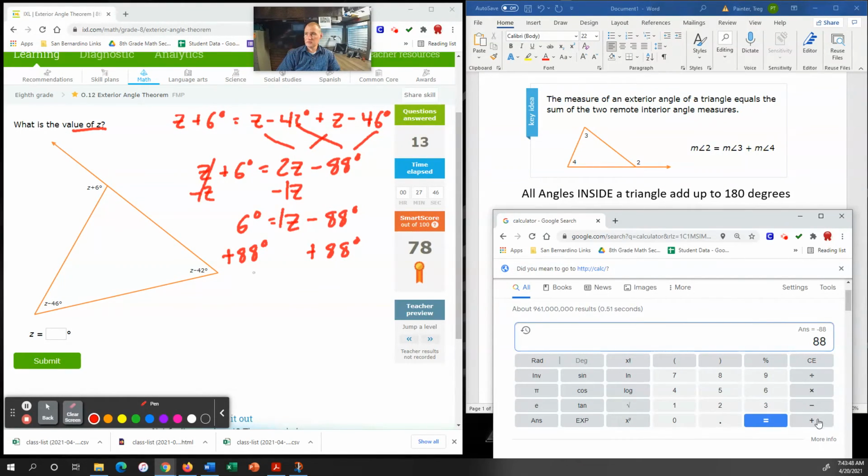So 88 plus 6 takes me to 94 degrees. Because, again, I'm not wanting to get this one wrong. So 94 degrees equals, 88s are out, 1Z is by itself. So 94 degrees is Z. Nice. So here we go. Z equals 94.